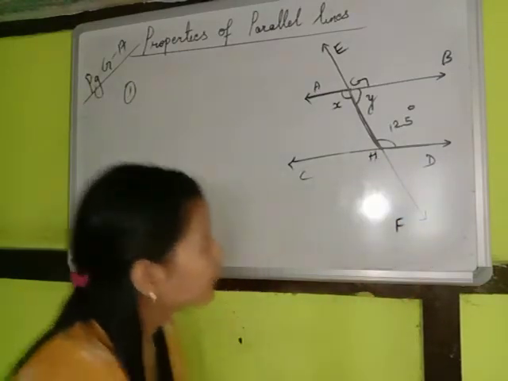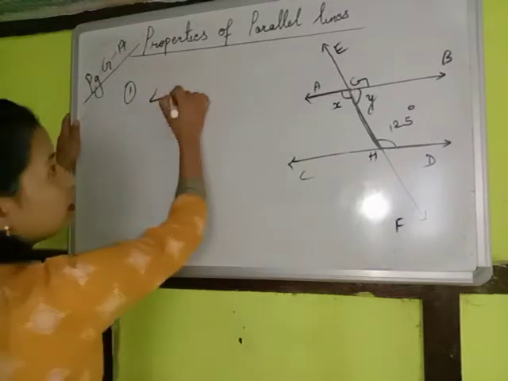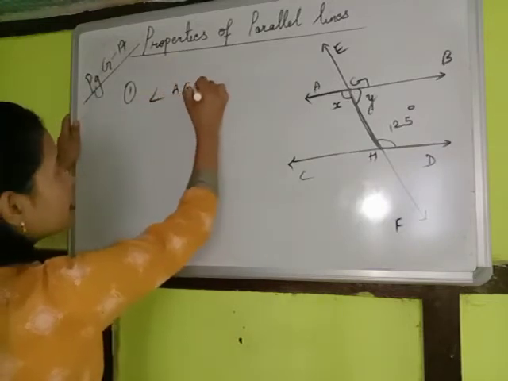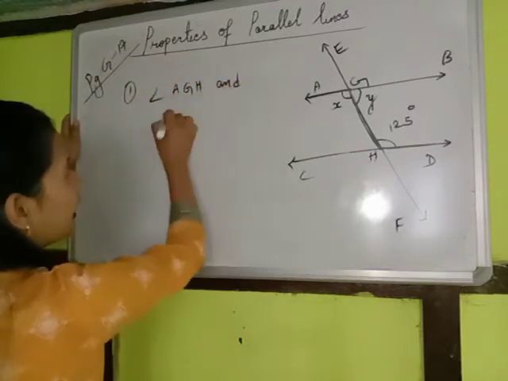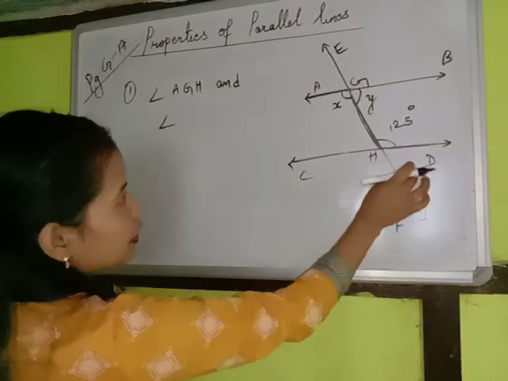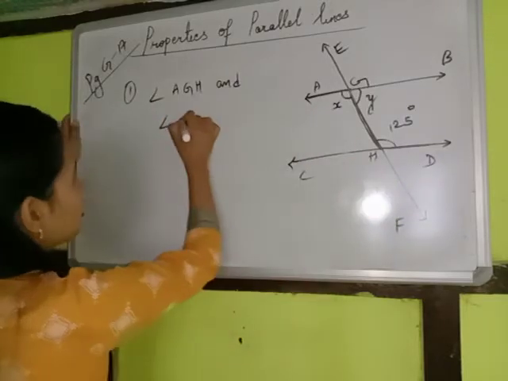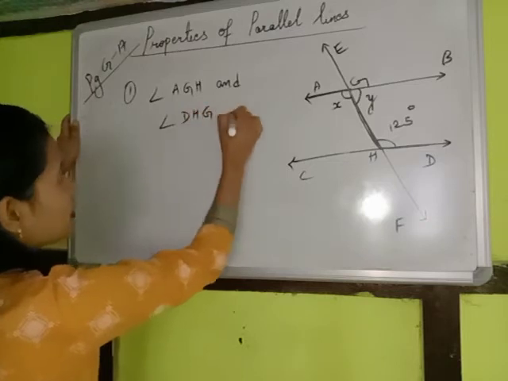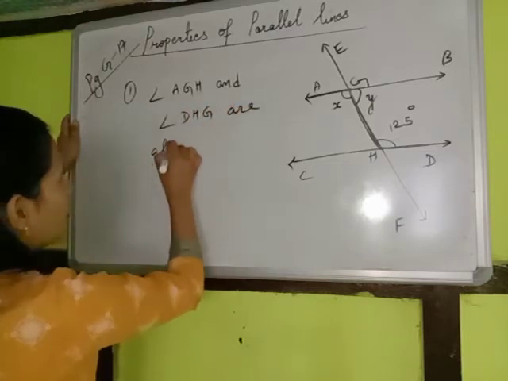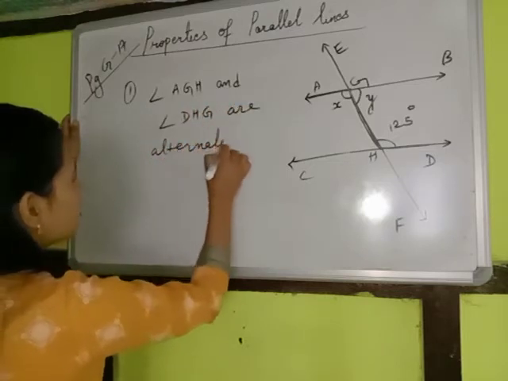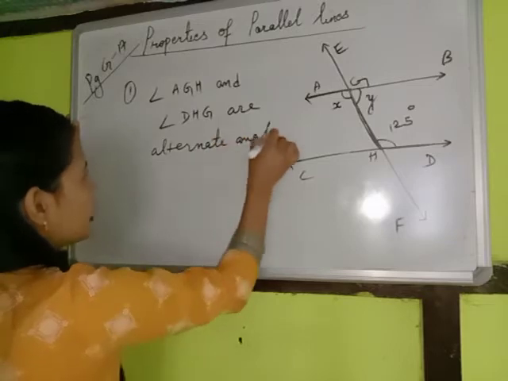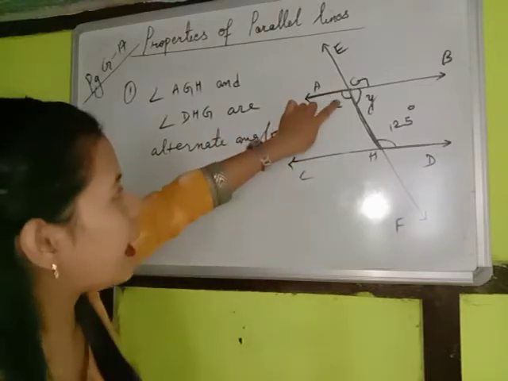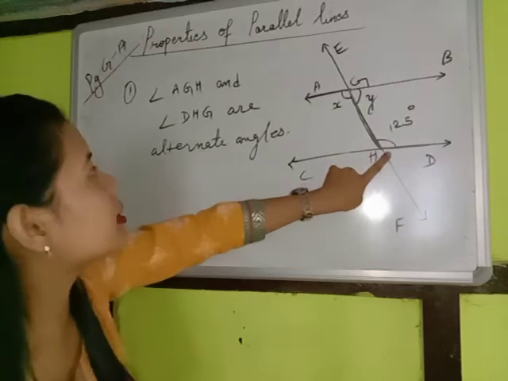If you look at the figure, angle AGH and angle DHG are alternate angles, right? So this angle and this angle are alternate angles.